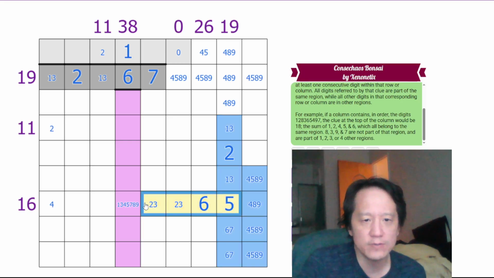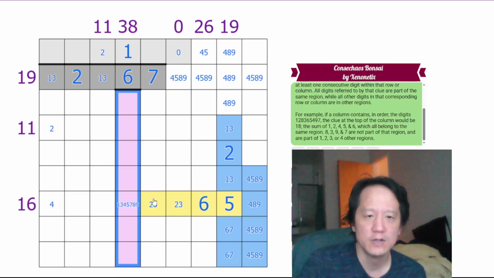So yeah, if we have this scenario where this blocks off here, well, actually, it doesn't even have to block off. It could be 7 here, but whatever, we know this is 4, 5, 8, 9.